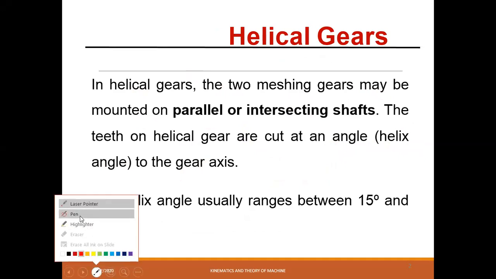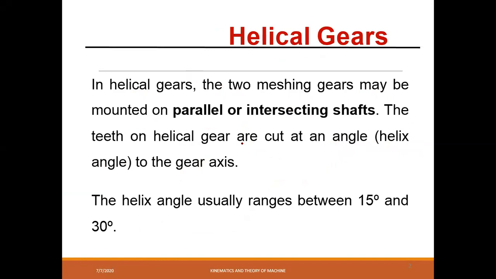The teeth on the gear wheel are not parallel to the axis of the gear, but at an angle, and the angle of the teeth is called the helix angle. The helix angle usually ranges between 15 degrees to 30 degrees.